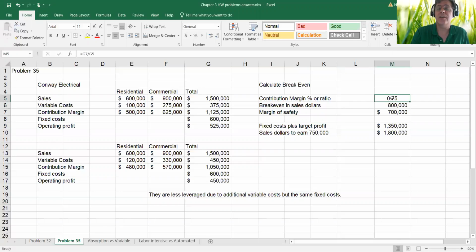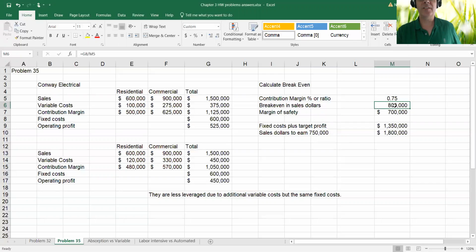First of all, we calculate the contribution margin percent or ratio at 0.75 or 75%. The way we do that is we take the total contribution margin off of our contribution margin income statement and divide it by the sales. So 1.125 million divided by 1.5 million equals 0.75.